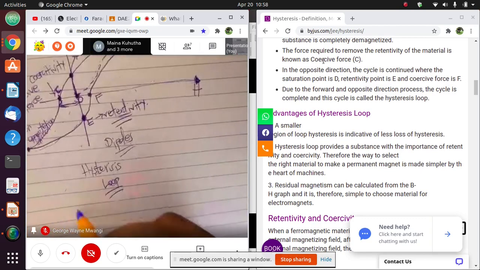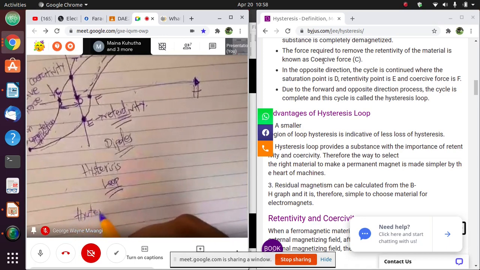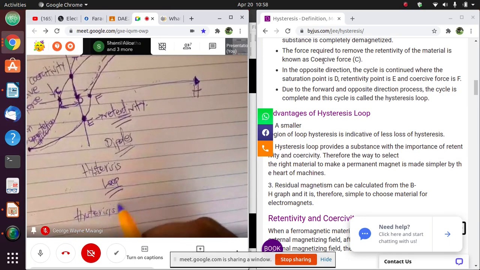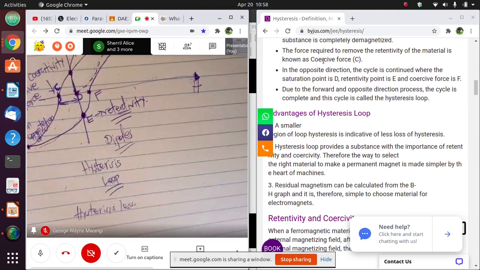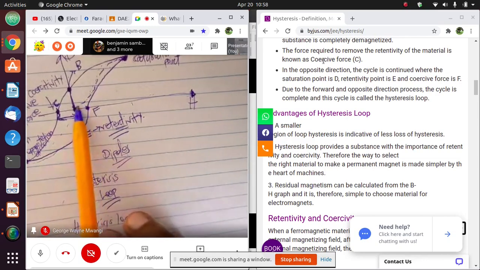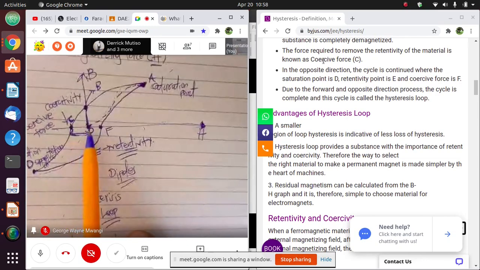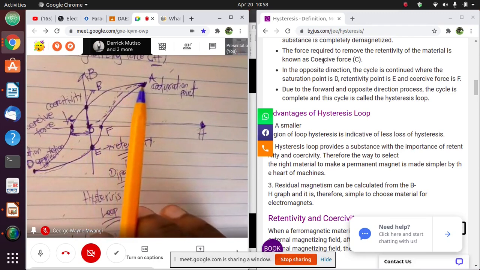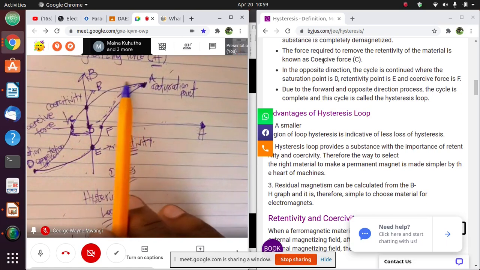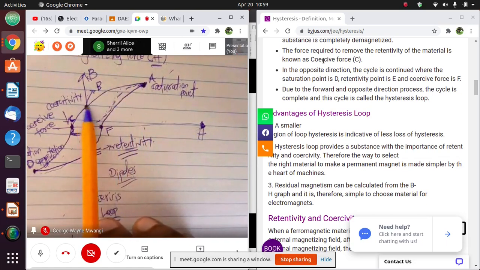Now, hysteresis loss. Let us talk about hysteresis loss. Hysteresis loss is a phenomenon where when I increase the magnetizing force, the magnetism in my material will increase. When I reduce it, the magnetization in that material will also reduce.